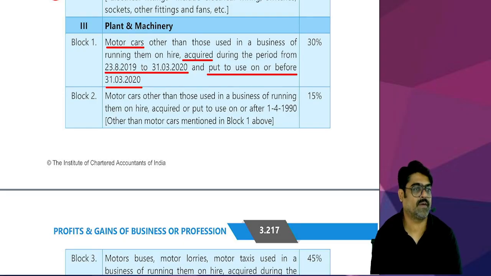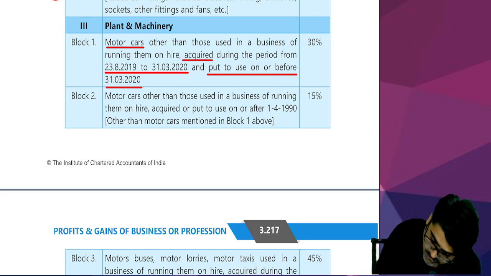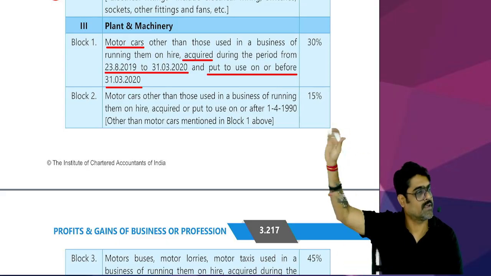But wait. If you purchase the motor car after this date, then it will go to the general block at 15%.